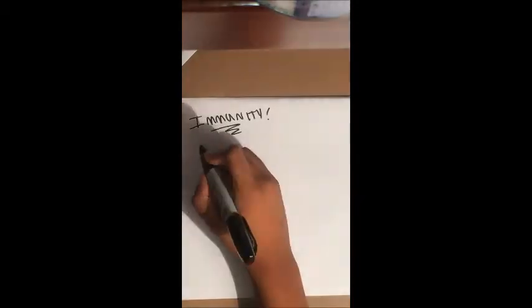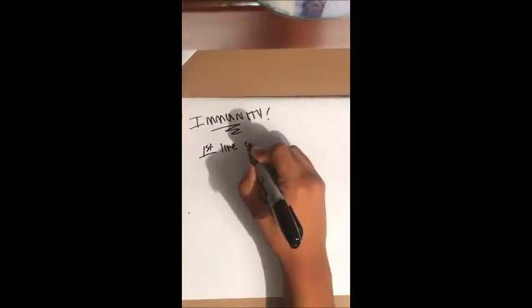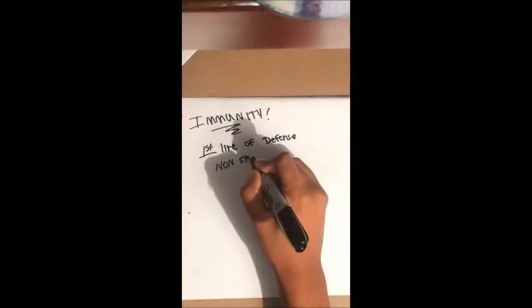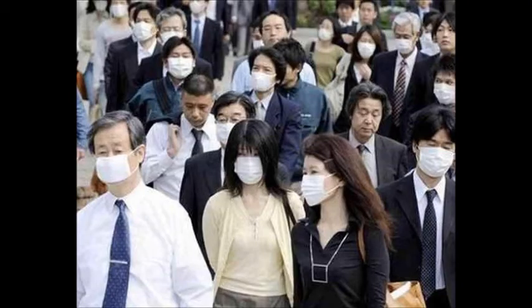So, first of all, we're going to get into the non-specific body defenses, which is the first line of defense. These are your surface membrane barriers. They're the first thing that a bacteria or a virus or a fungus is going to come into contact with. So, the first thing we have is your skin. Your skin serves as a barrier to pathogens.